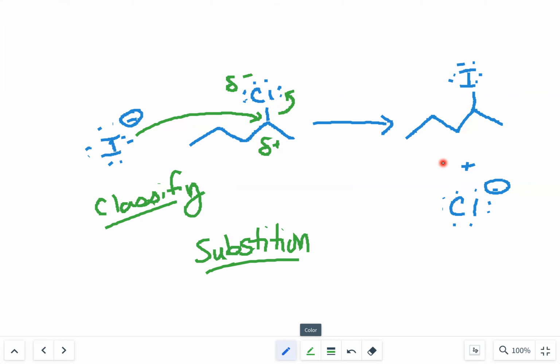Okay, now let's pretend that we've got three different molecules here. I'll draw a purple one.